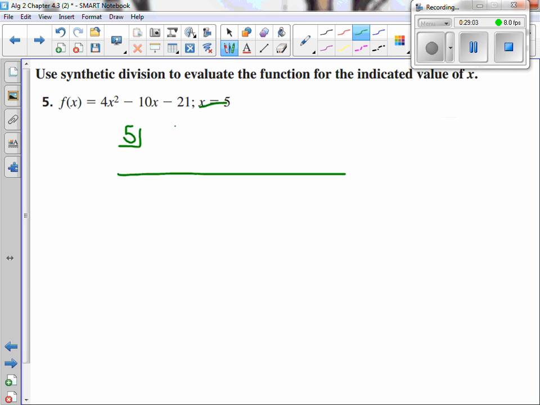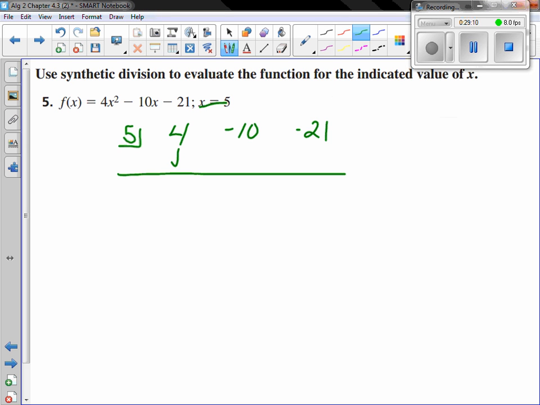Our numbers going across the top would be 4, negative 10, and negative 21, and we would drop the 4. We'd multiply first. 5 times 4 would be 20. We put it under the negative 10.